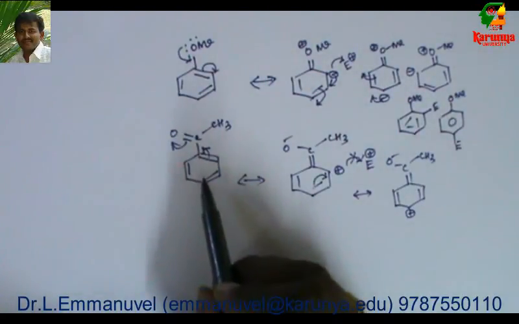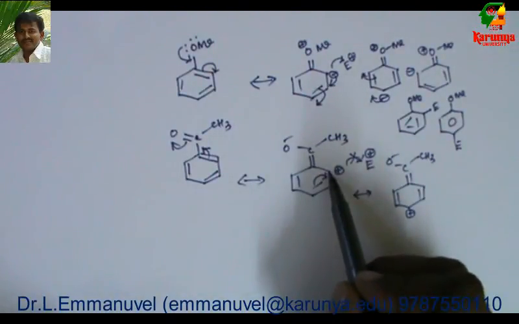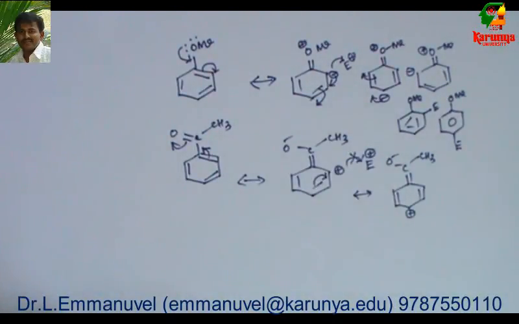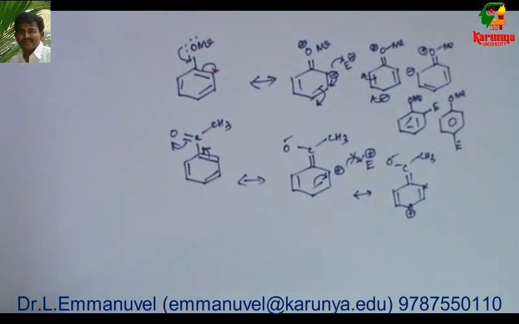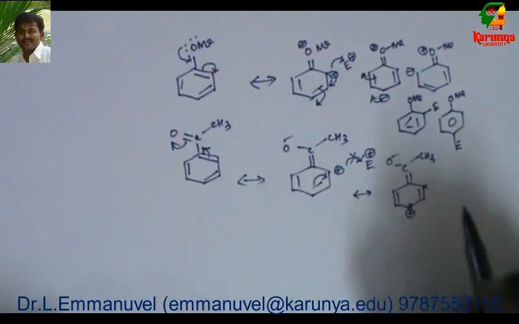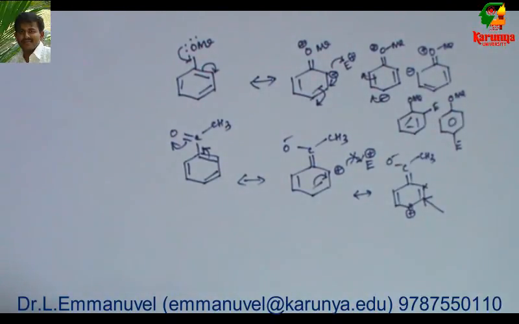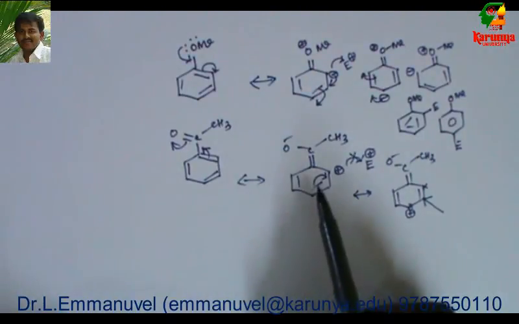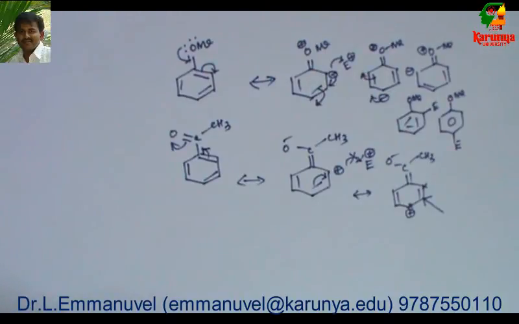So this system cannot attack the electrophile from the ortho carbon and para carbon. This carbon and this carbon are not nucleophilic. They are electrophilic in nature because of the resonance. But what about this carbon? The meta carbon. The resonance has not affected the electron density on this meta carbon.